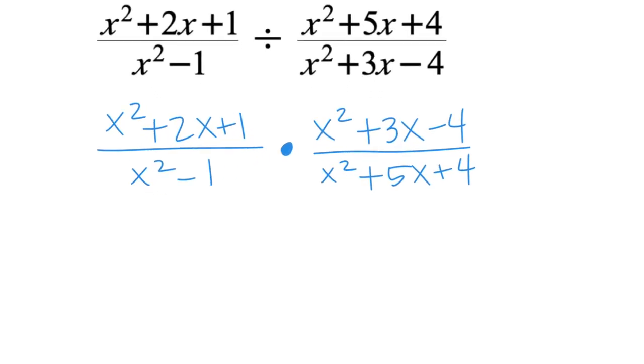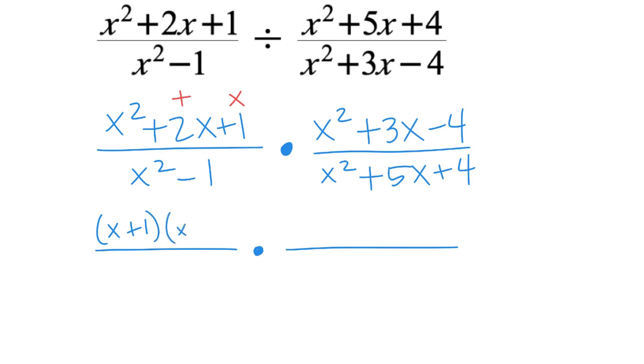On this first one, I'm multiplying to be positive 1, adding to be 2. So that looks like it would be x plus 1 and x plus 1.